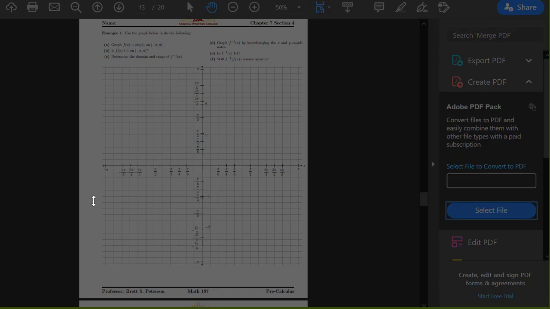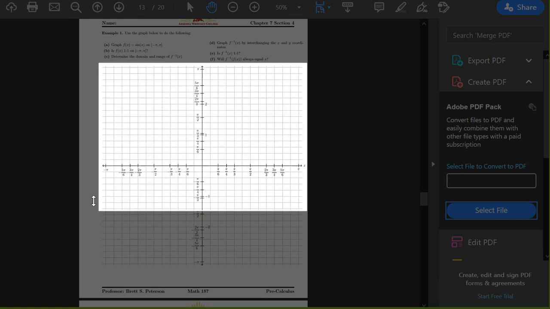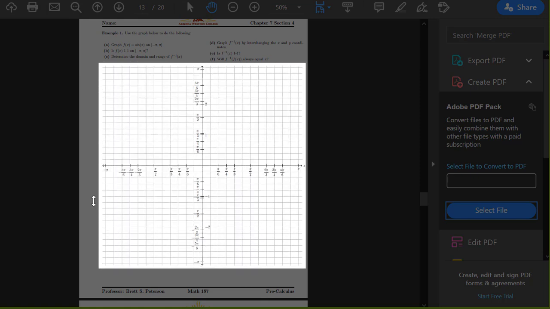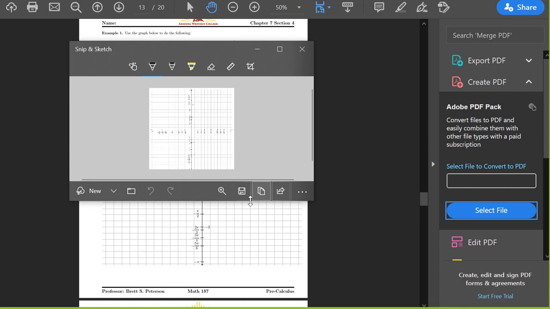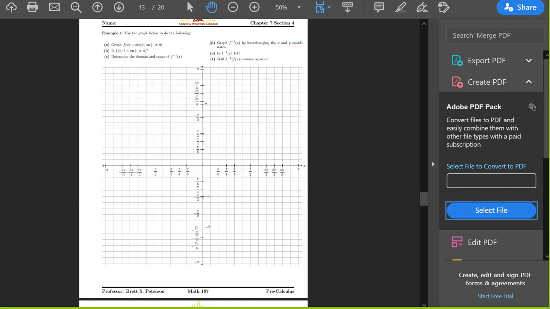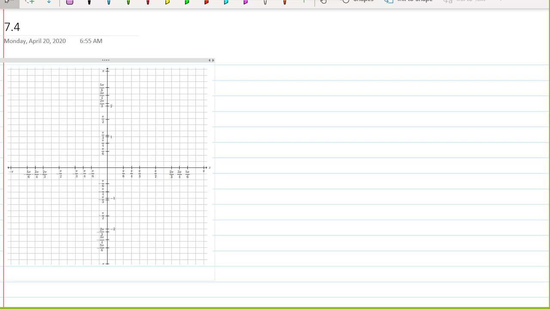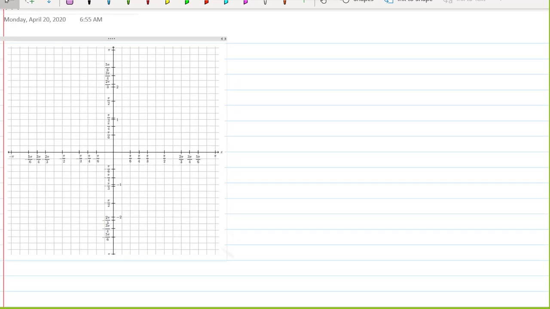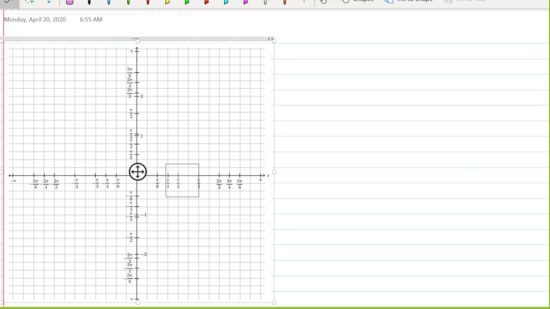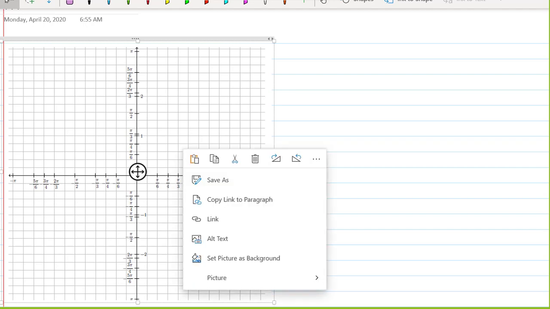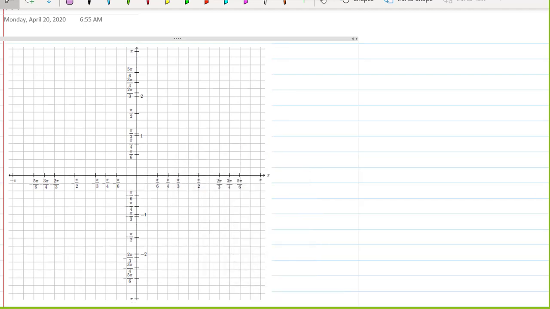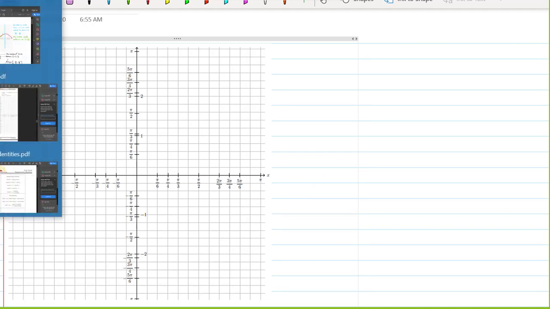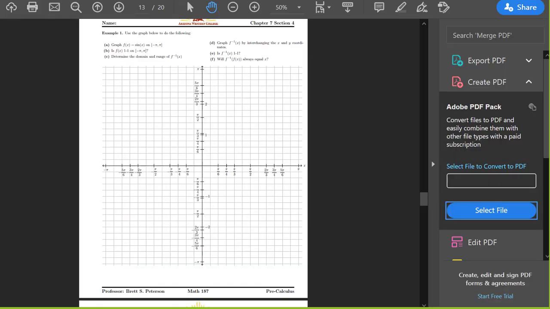So we did inverses way back in chapter 5, section 1, and we want to expand those ideas to what we're doing in this section. So let's take a look at some of our functions.